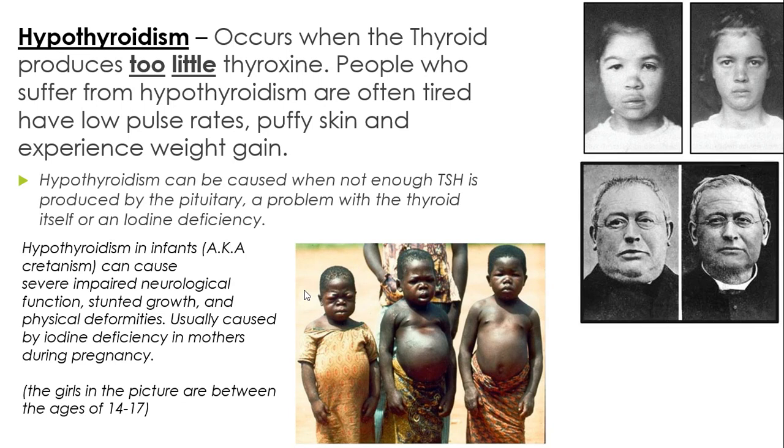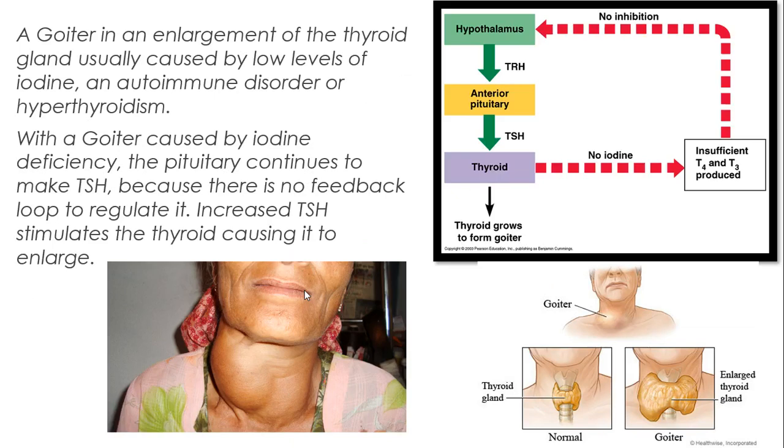So hypothyroidism in children is much more serious than in adults. You can see here I have a picture of 3 teenage girls here. They range in age from 14 to 17, so they're like your age. And you can see there that they have suffered from severe hypothyroidism in childhood, and you can see that they are severely underdeveloped.